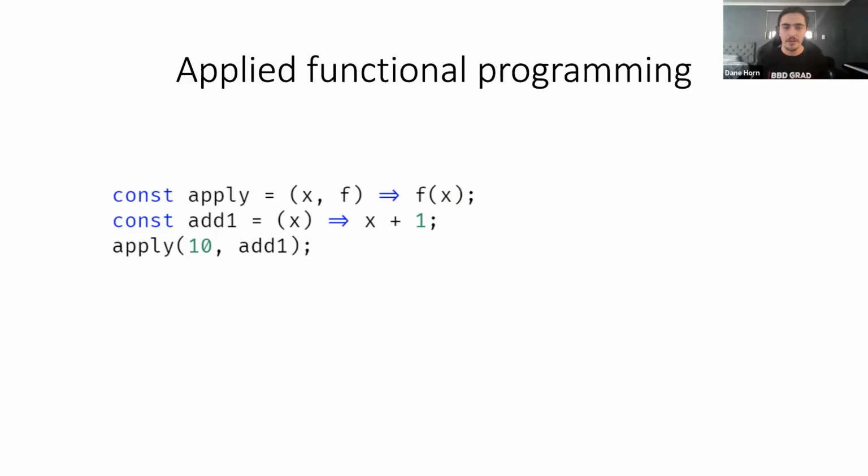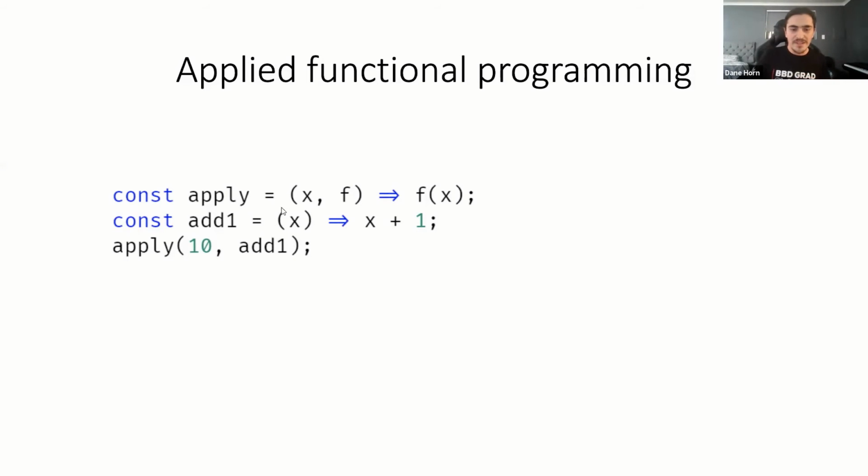It takes in a value, x, takes in a function f, and it just returns x applied to f, so x taken as an argument to f. Now, why would we want to do this? It's not so clear now, but you can just see how we can use it. We apply 10 to add 1, and then this would hopefully return 11.